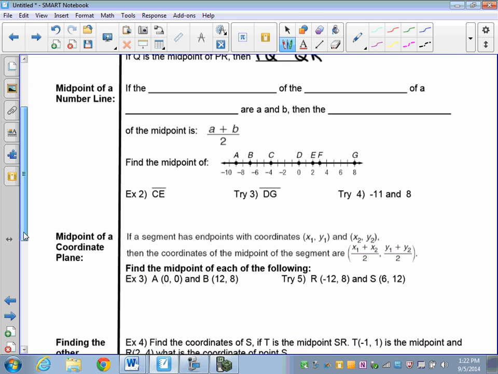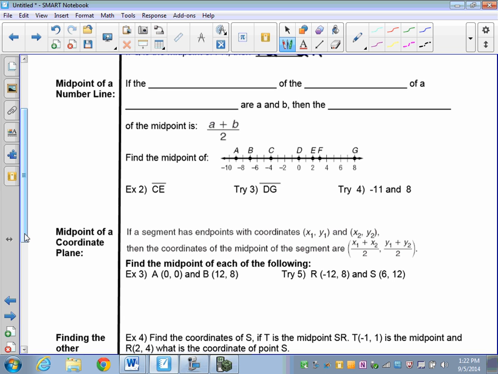So we have a number line up in our room, and we have a number line right here. So the definition here is if the coordinates, so remember the coordinates are numbers. So the coordinates here are negative 10, negative 8, negative 6, so on and so forth, the numbers.